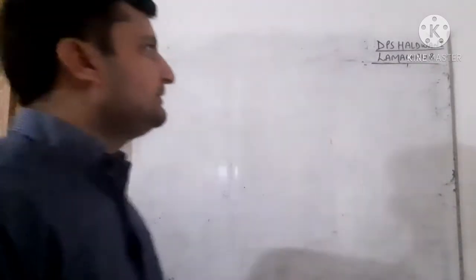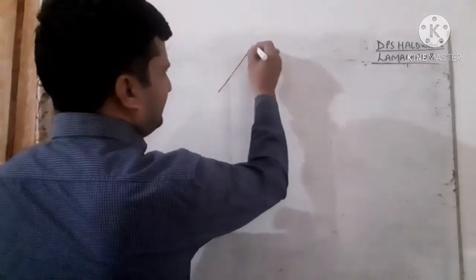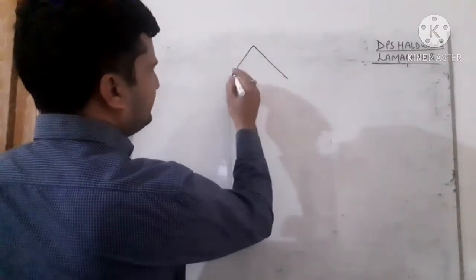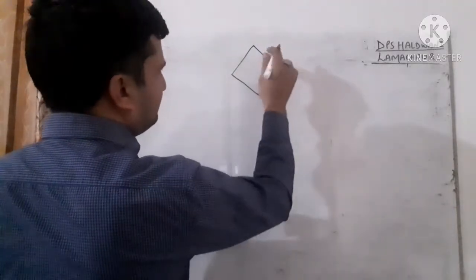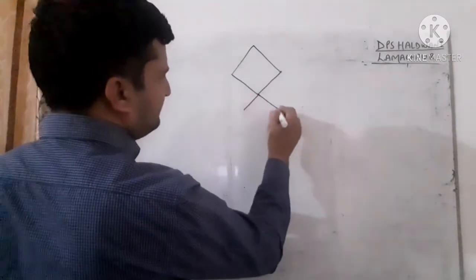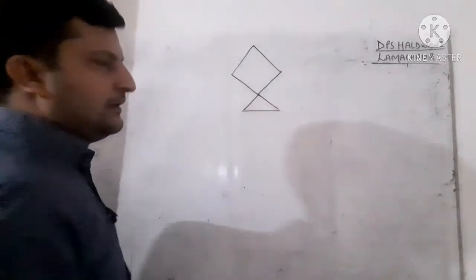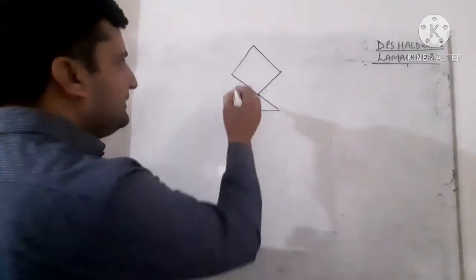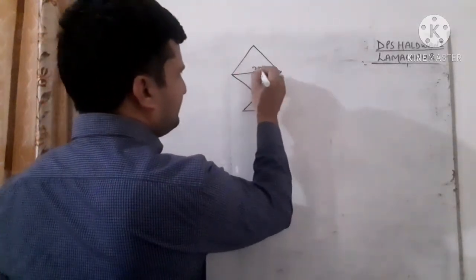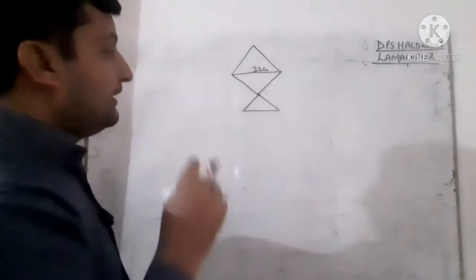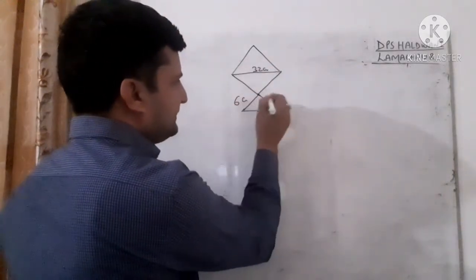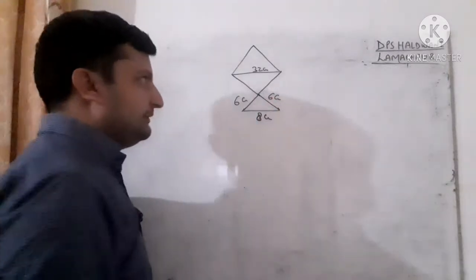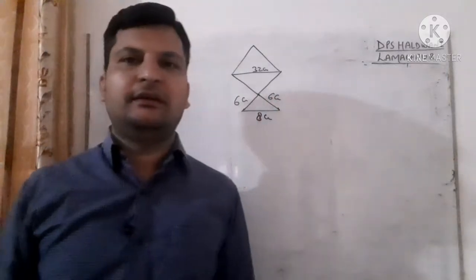So students, a kite is given like this, and one diagonal is 32 centimeter, and the base is 8 centimeter, and the sides are 6 centimeter each. So students, we have to find the area of this one.